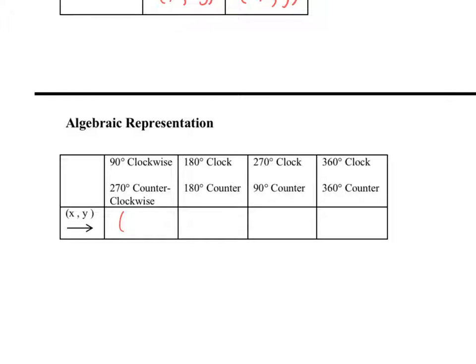So for 90 degrees clockwise, remember that the x and the y are going to switch in this case. We got to figure out which one is a negative or which one changes, right? So if it's clockwise, it's going to end up being the x. And then 180 degrees clockwise or counterclockwise, doesn't really matter. 180 degrees is going to result in negative x comma negative y.